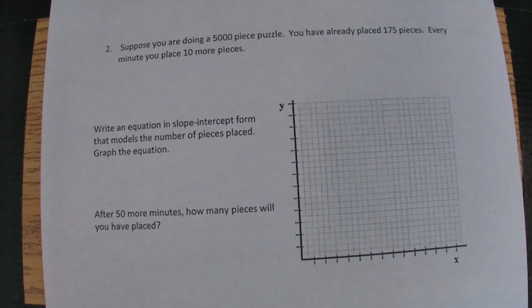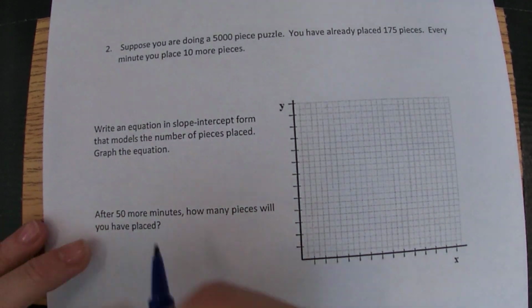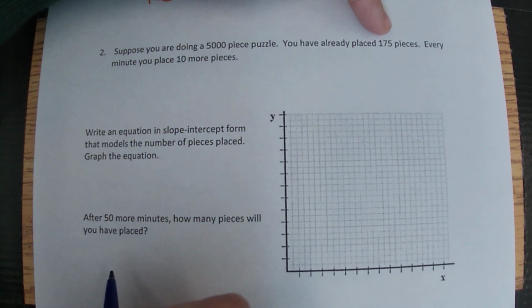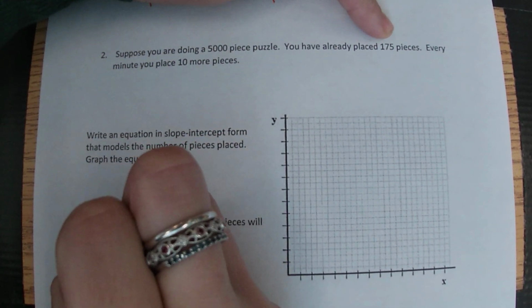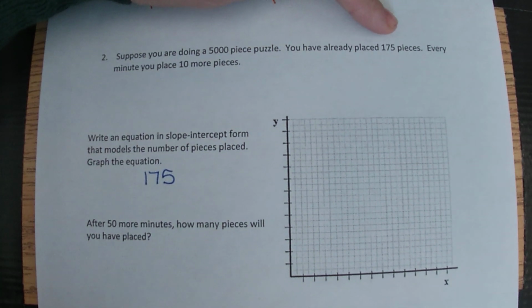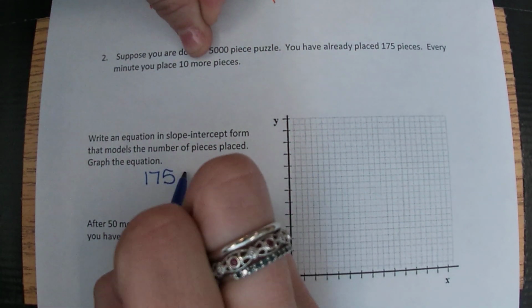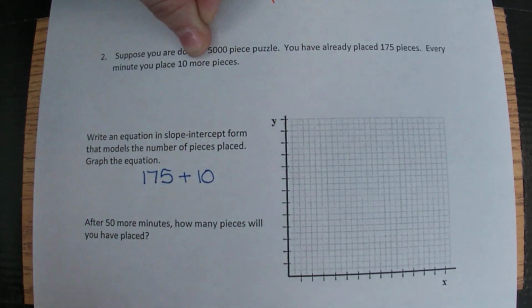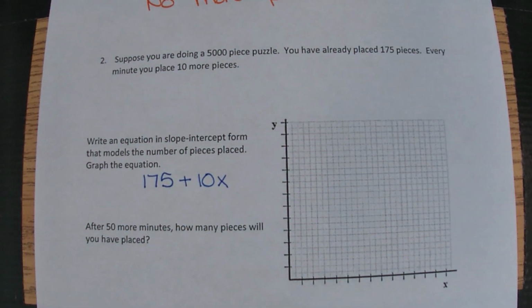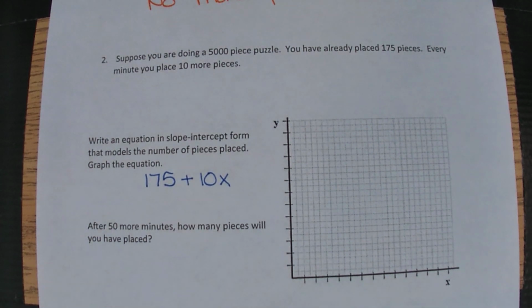Okay, so if we look at this equation, we want to talk about the number of pieces that we already have in place. Okay, we already have 175 pieces in place, and we're going to add to that 10 more pieces per each minute. So since it's happening per something, it gets a variable.